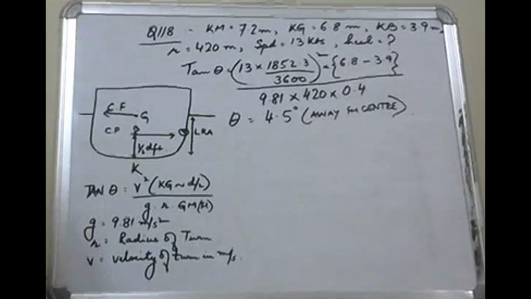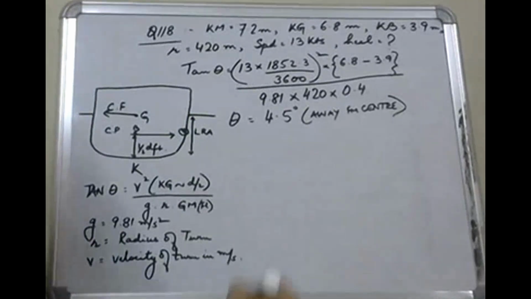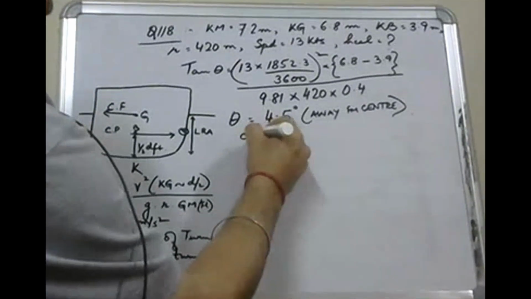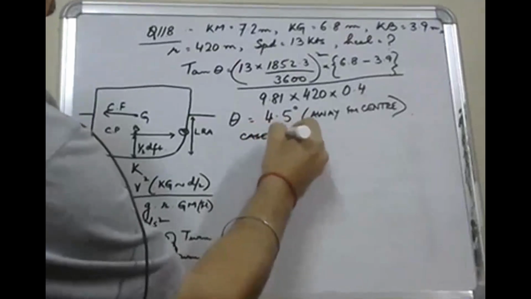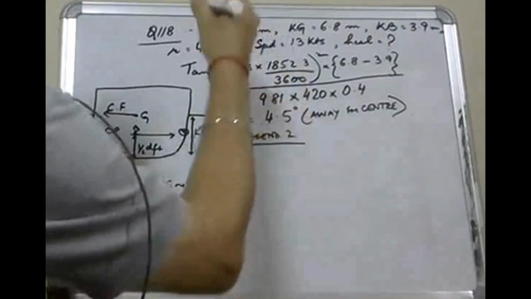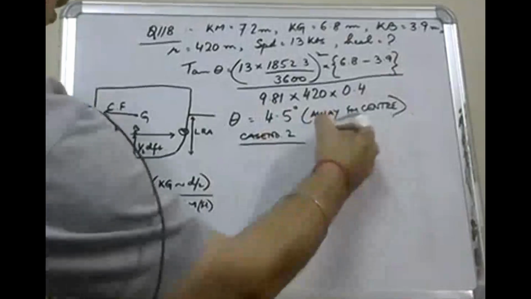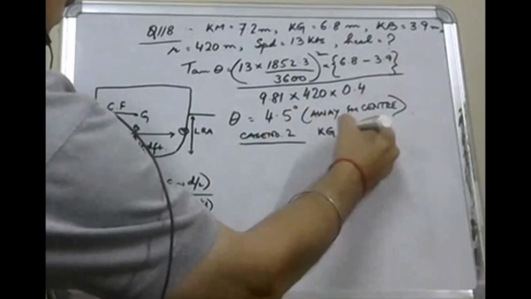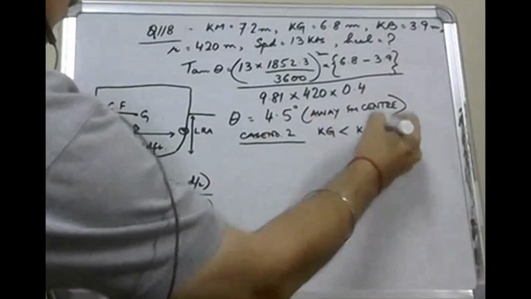So same story basically. Supposing case number 2. ये case number 1 था. Case number 2. When KG is less than KB.